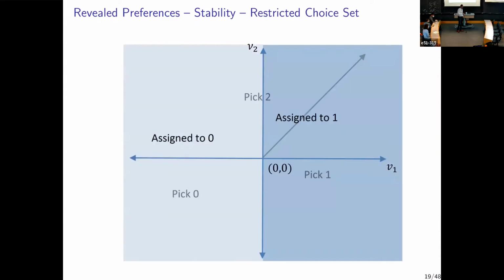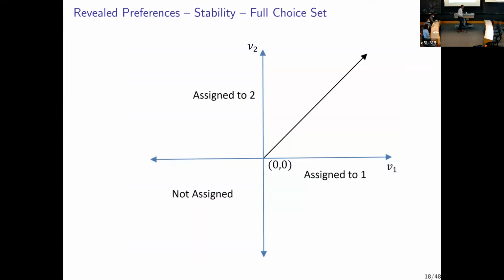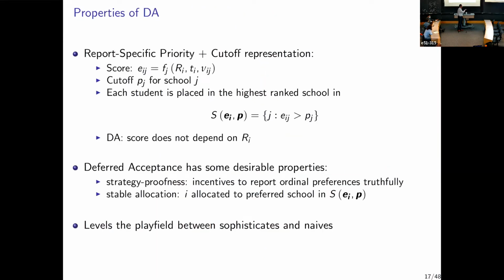You said you know the lowest student's score. Do we read it from data, or do we recalculate the deferred acceptance? Well, remember, if we only have data on the location, we cannot recalculate the DA because we don't know what the reports were. But I can compute the score, the e_ij, of every individual that was actually placed.